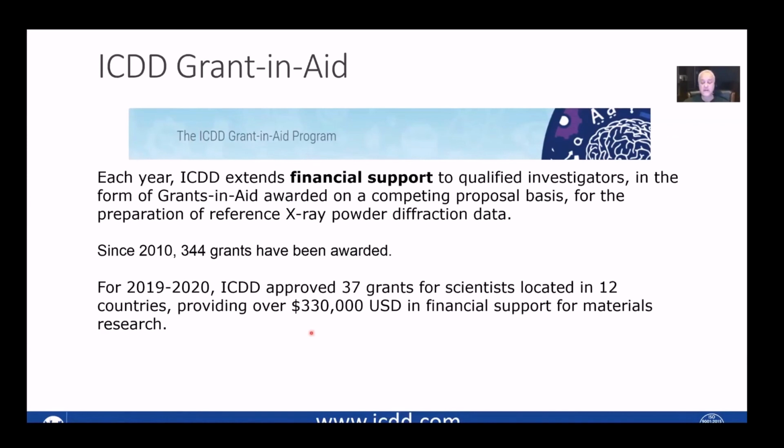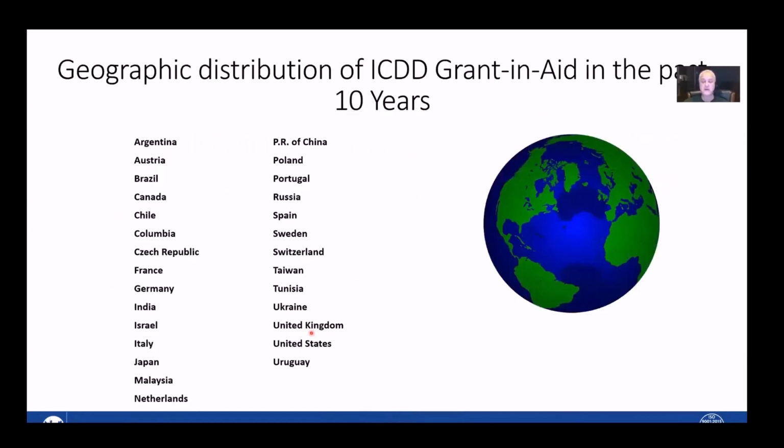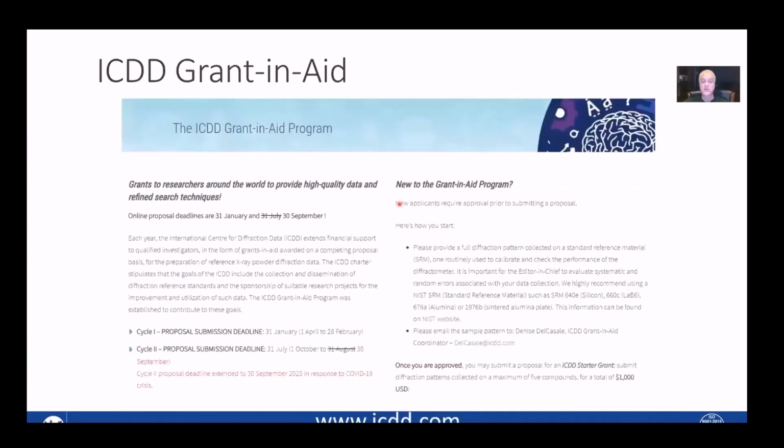Now, I bring this up because an opportunity exists for work that's going on in your laboratory. You can see the countries that have submitted proposals, including Russia. And what we would like to be able to do is have more participants in this program.